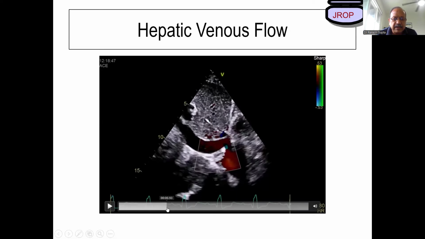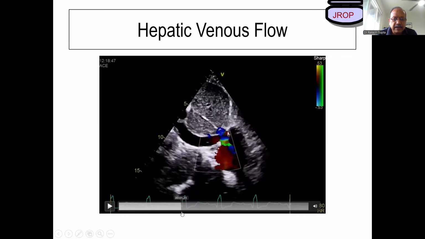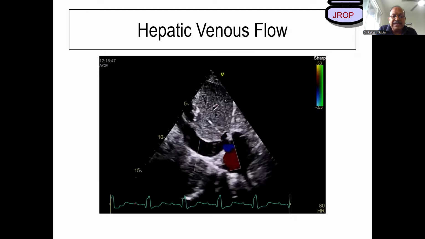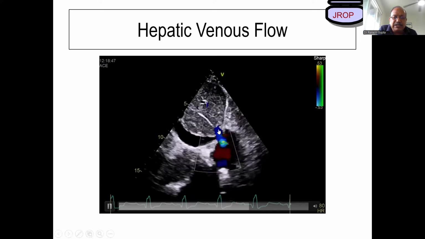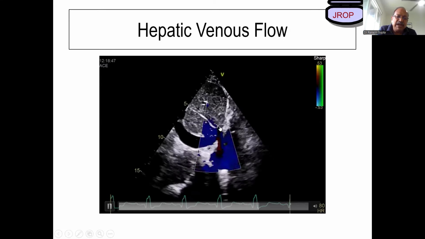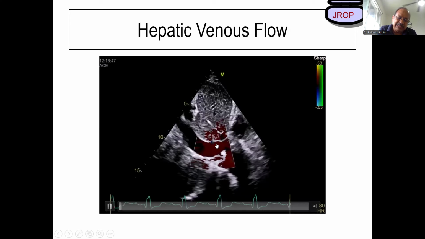Correct? Yes, sir. So what is it saying? Whether it is systole or diastole, there's a flow of blood from the hepatic vein to IVC. Is that correct? Yes, sir.